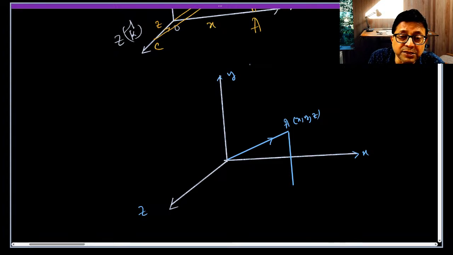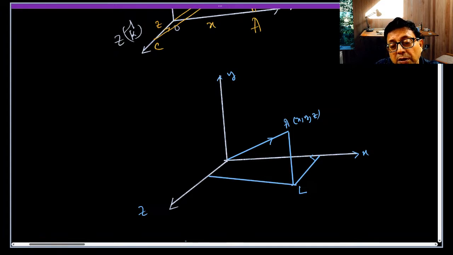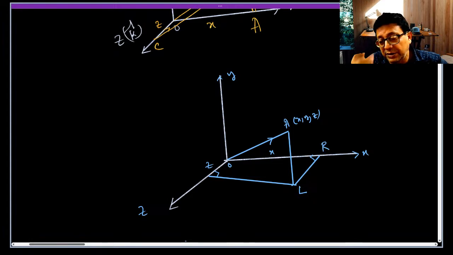Understanding x, y, z can be done this way also. Draw a perpendicular here, AL. Then from L, you draw a perpendicular here. Draw a perpendicular here also. Then if you join this also, this is x, this is z, and this is y. But in this diagram, for the OA vector, this perpendicular you have drawn, let it be R. So OR is equal to x.